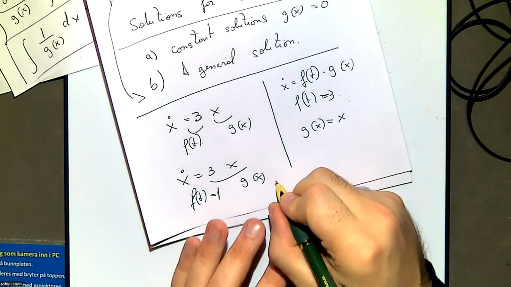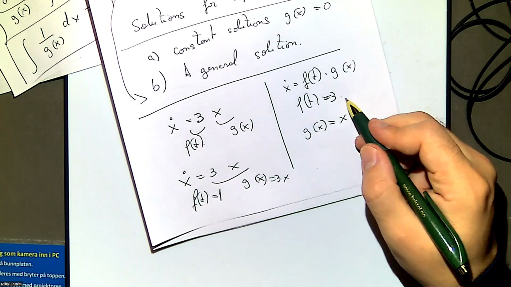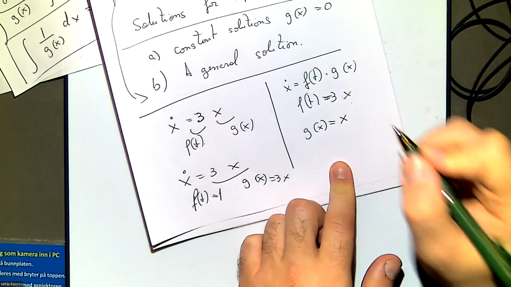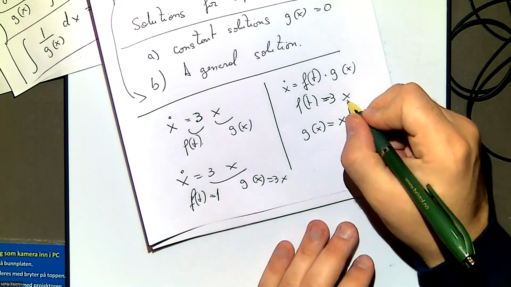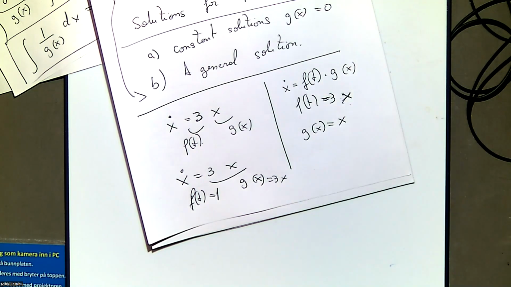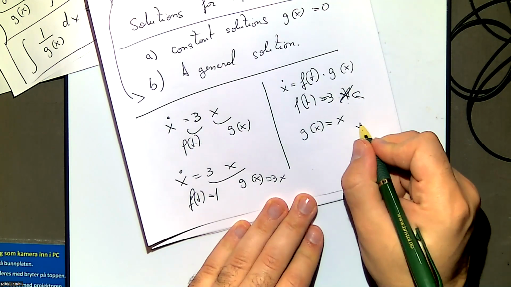The only important thing when you're identifying, and you should immediately sense that something's bad, is if I had something like f of t is equal to 3x. If that happened, that would be terrible. And it's going to happen several times. So always when you identify, if you split it, I don't care how you split it, the numbers don't matter to me, as long as there's no x in f of t and no t in g of x.